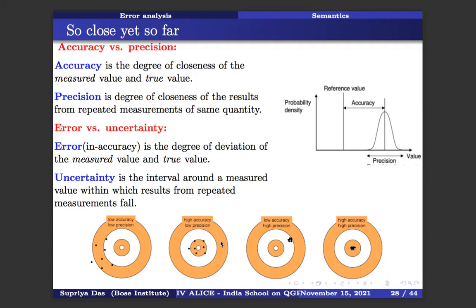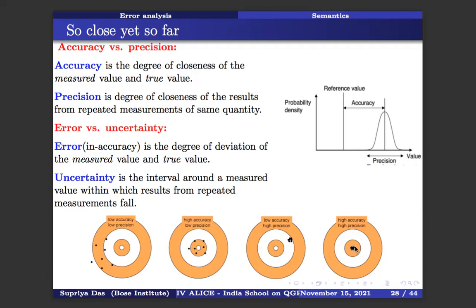The third case is the same guy who is very precise, but unfortunately the point where he has landed is far away from the actual target. So it is very precise, but very inaccurate, or low accuracy. And the fourth case is the winner, the gold medalist.